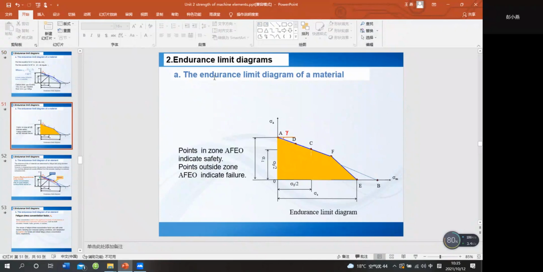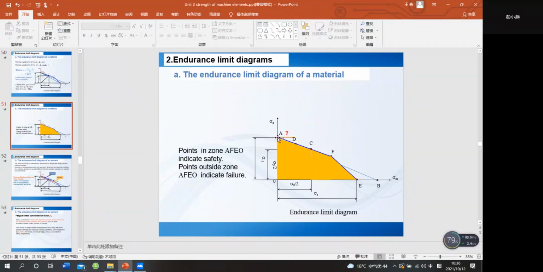And this is the endurance limit diagram for material. You should note that it is different from the S-N curve. For the S-N curve, the stress ratio is the same, but for the endurance limit diagram, the stress ratio is different.